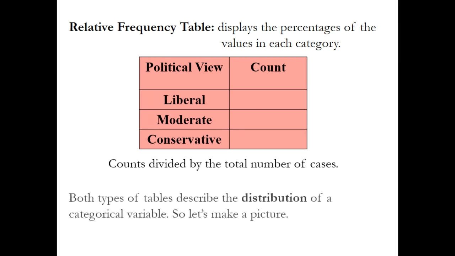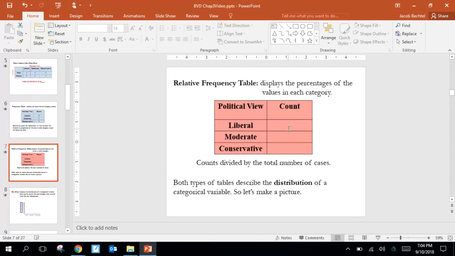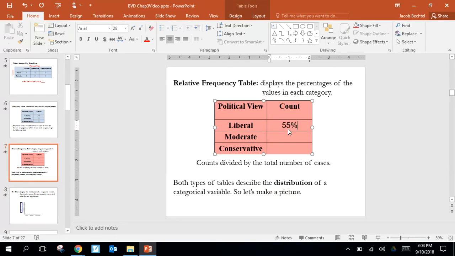Oh, it doesn't want to write on the screen. Okay. So we'd say 55%. Next case, moderate and conservative were both 5 apiece. So 5 divided by 22 gives us each of those to be 23%.